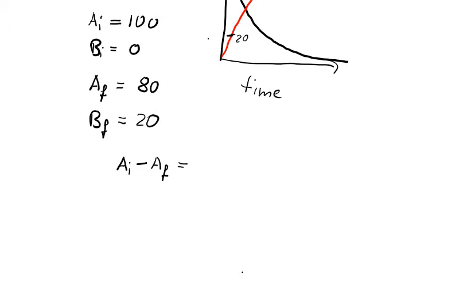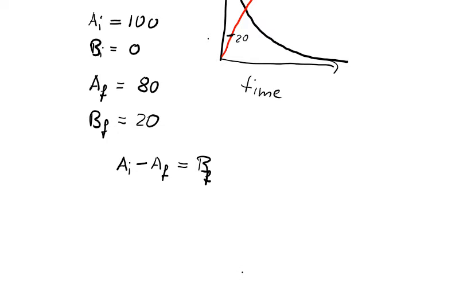And that gives us our B final. Yeah? So let's find out if we can come up with something. A initial minus A final, exactly. So let's come up with something how we can very easily calculate B final.